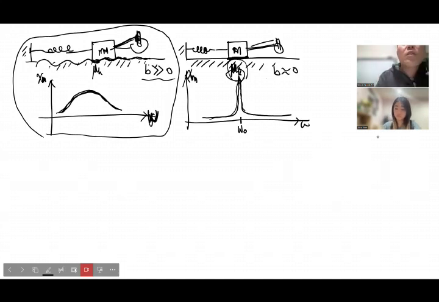So depending on the surface condition or damping condition, you have a really sharp resonance or a kind of broad resonance. So the quality of this resonance could be parameterized with the quality factor, which is called the Q factor.